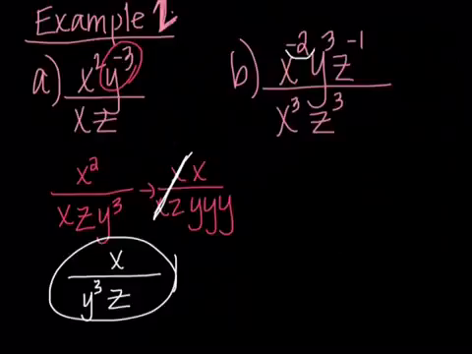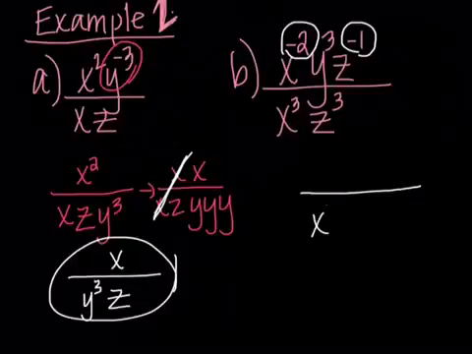Again, I'll start by identifying any term with a negative exponent. I can see the x to the negative second and z to the negative first up above. This tells me they are located in the wrong spot. This means x to the negative second needs to come down below.